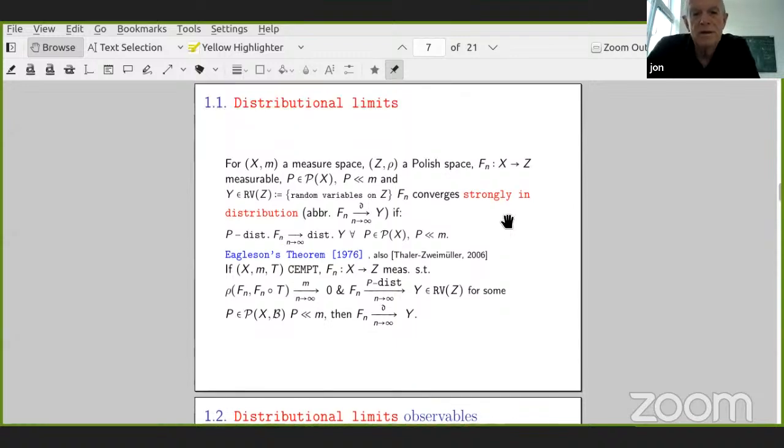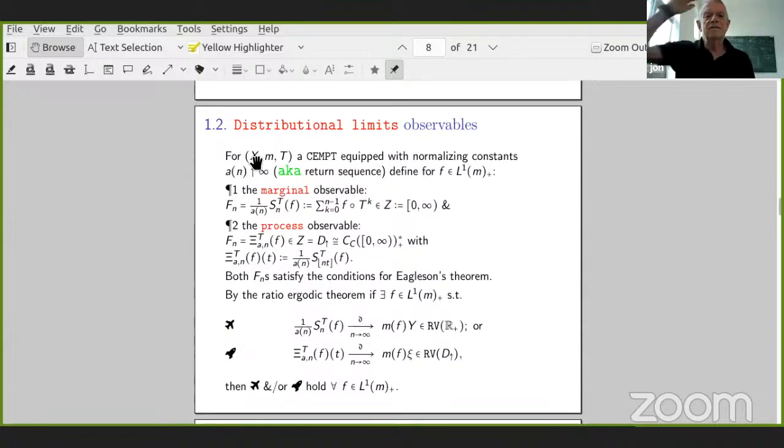Okay. So now we're looking at two different kinds of observables. I'm looking at something equipped with some kind of normalizing sequence. Let's call it a return sequence, but we're not saying that we've got any kind of rational ergodicity at all. We're going to define, for a non-negative L1 function, two observables.